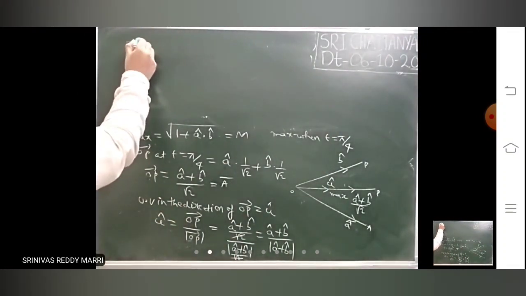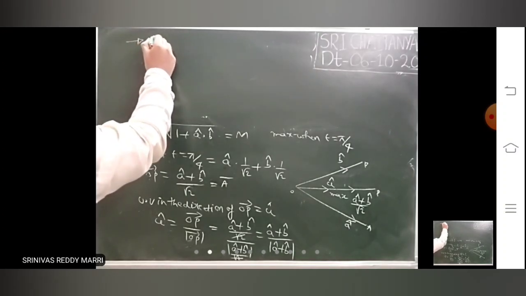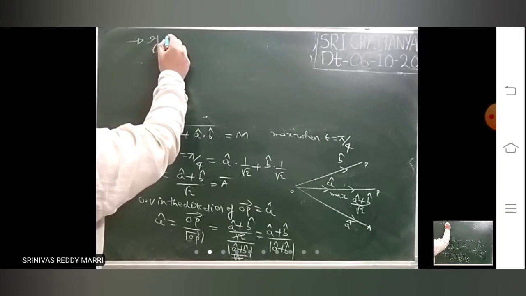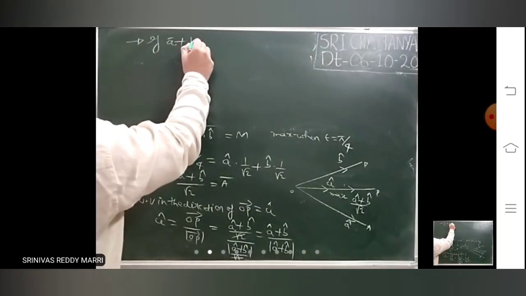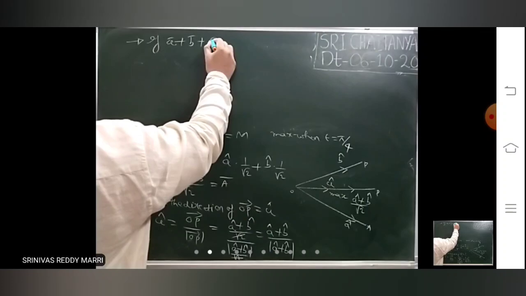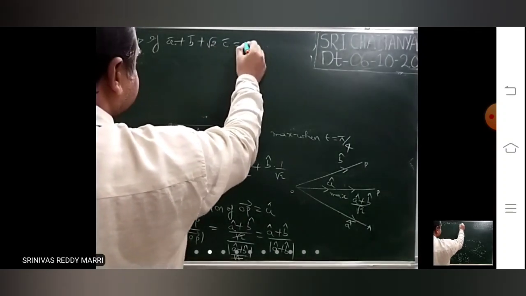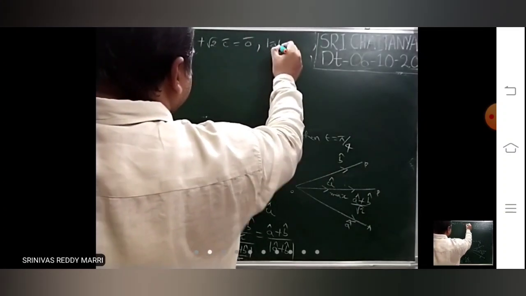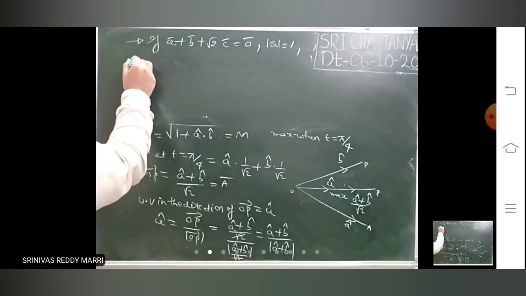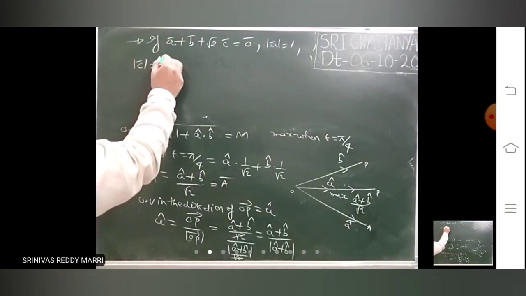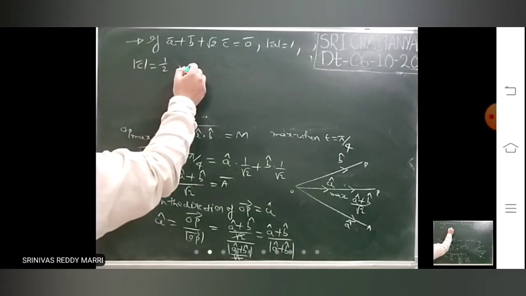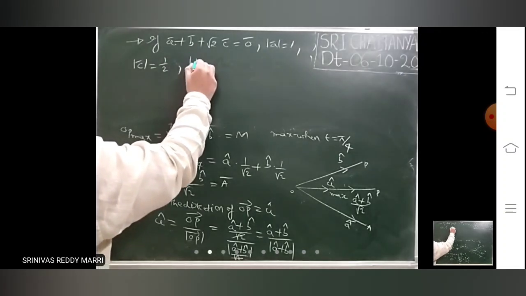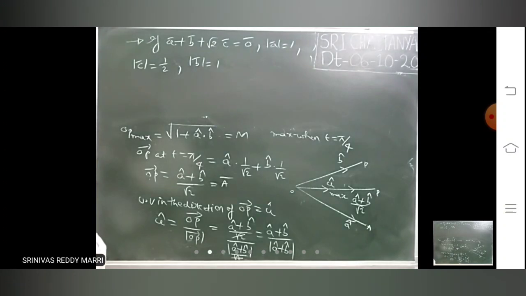Look at this. You will be given one equation in A bar, B bar, C bar. They are satisfying these conditions: modulus A bar equal to 1, modulus C bar equal to 1 by 2, modulus B bar equal to 1.